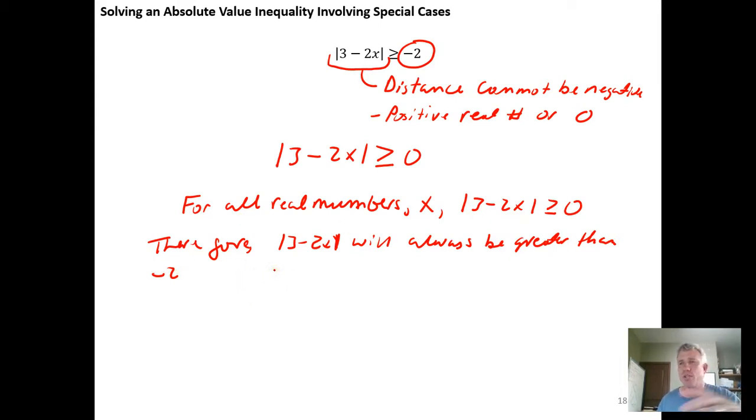So instead of getting two intervals as solutions joined with the word or the union symbol, we just discover that x can be any real number going from negative infinity to infinity. It doesn't matter what you choose for x. The absolute value is going to be a non-negative number, therefore it will be bigger than negative 2.